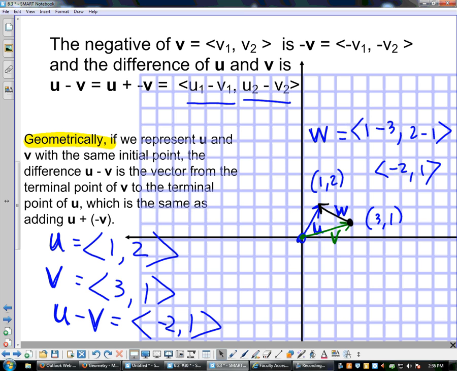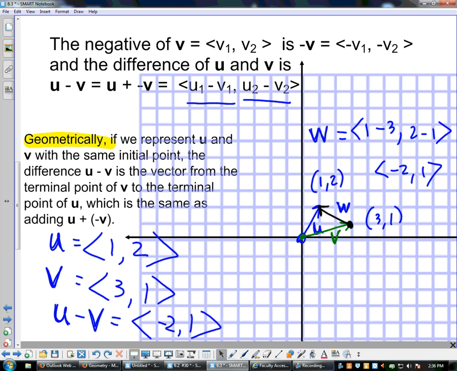But geometrically, we find it by drawing u and v with the initial points the same, and then going from the terminal point of v to the terminal point of u. Graphically, I would show it like this, but arithmetically, you're going to get this. And if you put this vector right here into component form, you're still going to get this.